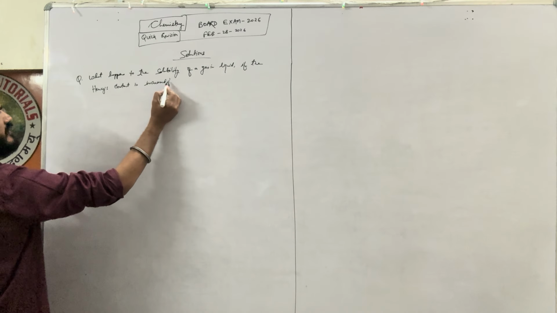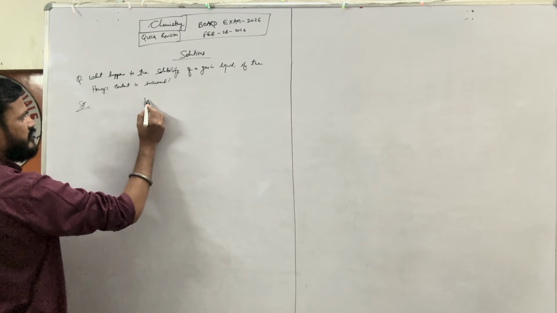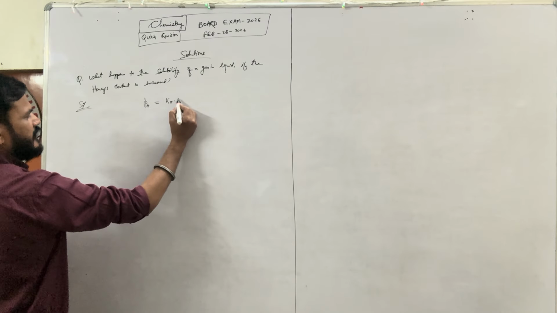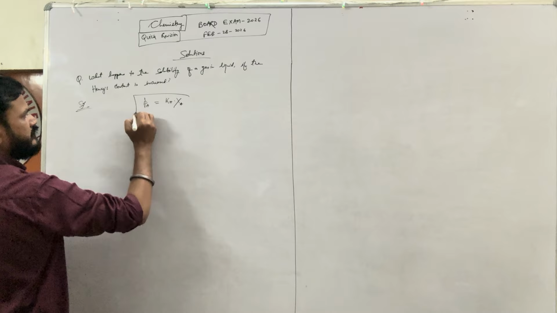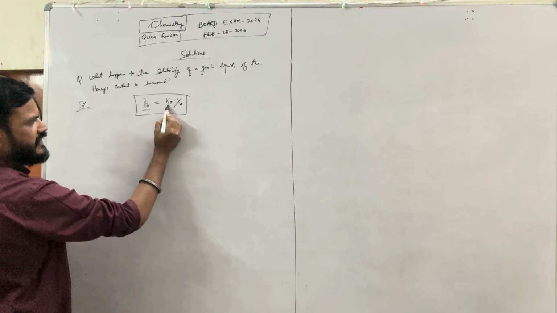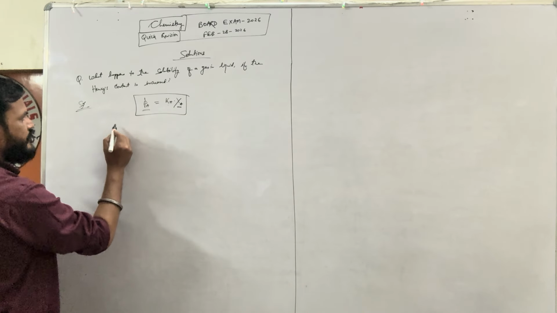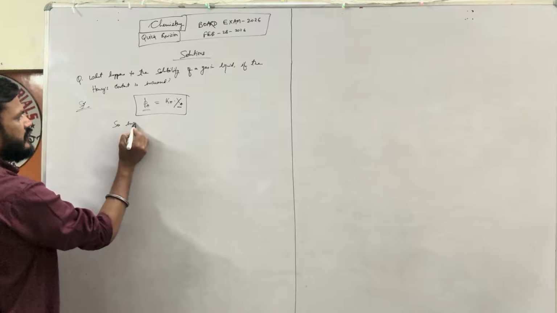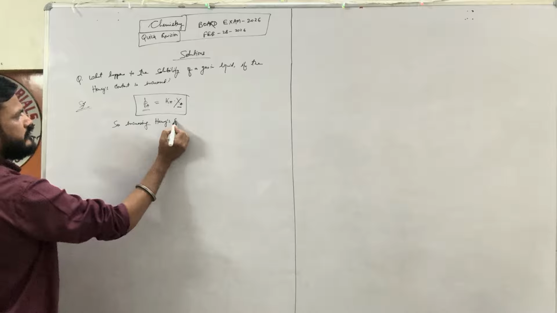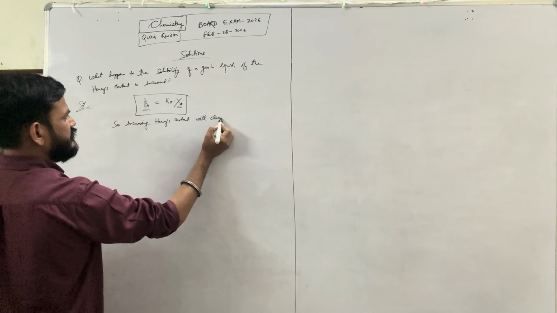Let us say it is increased. Now you have partial pressure of A equal to Henry's constant into mole fraction of A. If the partial pressure is constant and Henry's constant is increased, the solubility will fall, the mole fraction will fall. So increasing Henry's constant will decrease the solubility.